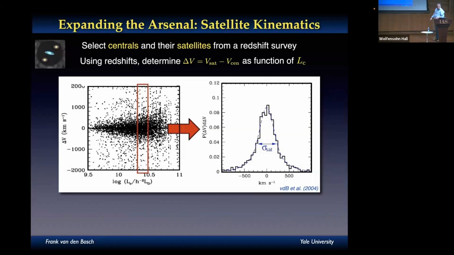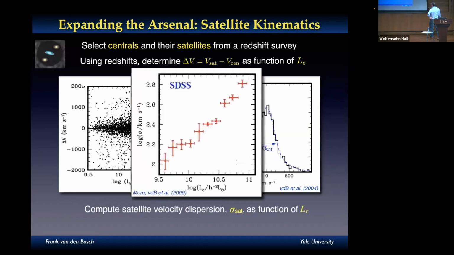So you stack. Then you measure this velocity dispersion, the satellite velocity dispersion, and you can now plot that as a function of the luminosity of the central, and that is your summary statistic. Now all you need to do is turn this velocity dispersion into some measure of halo mass, and that is typically done using some virial theorem or Jeans equation, something very simple.